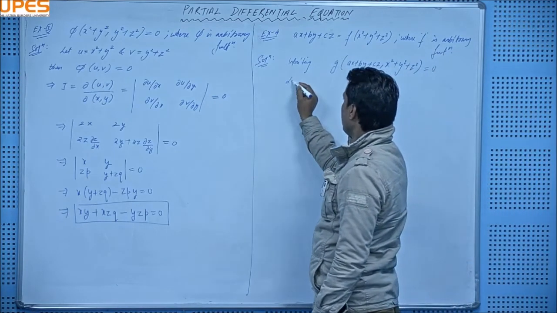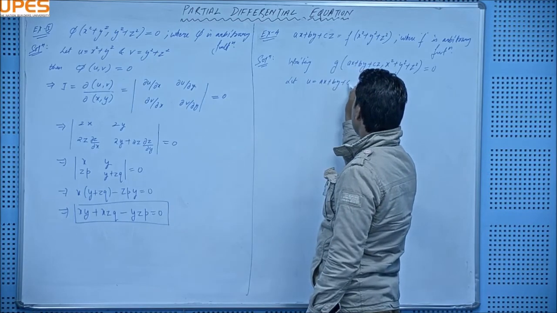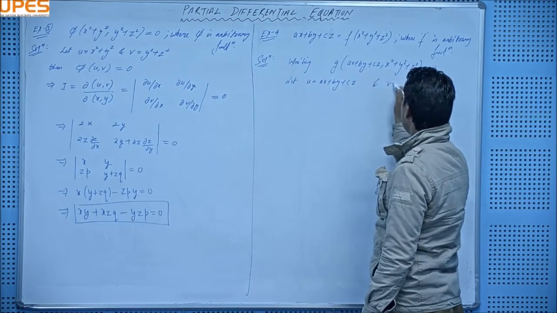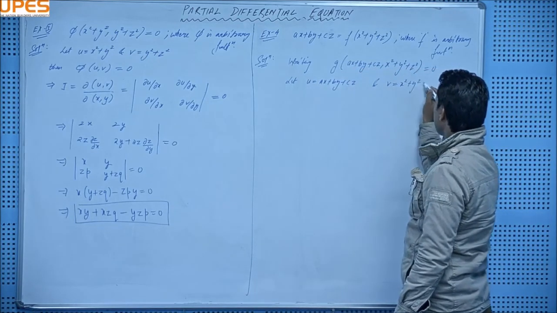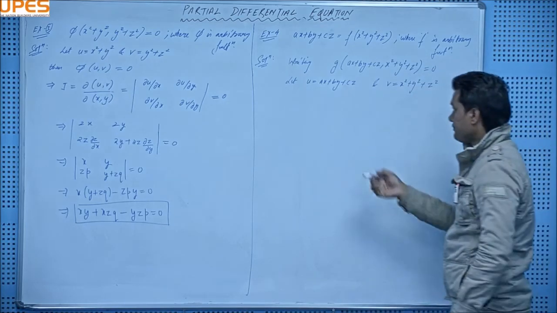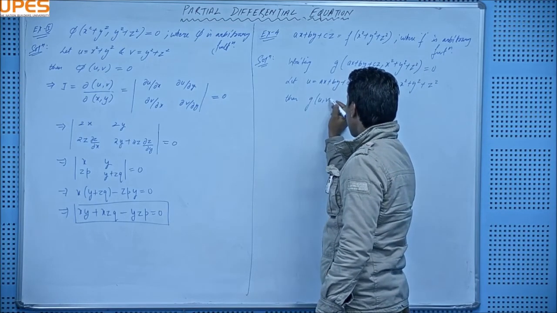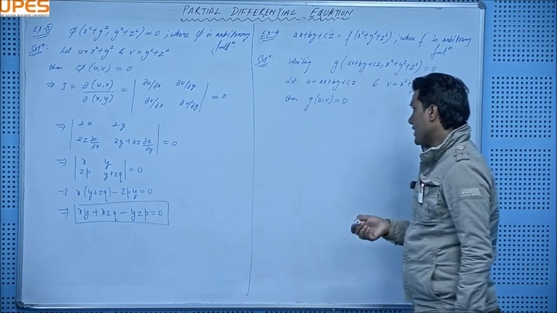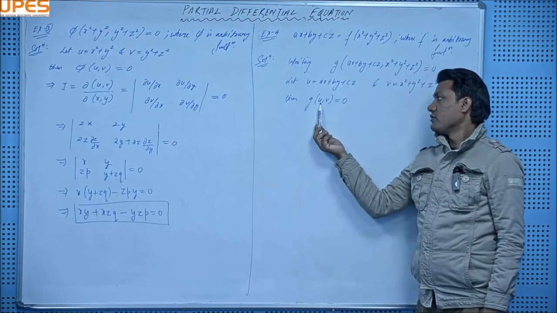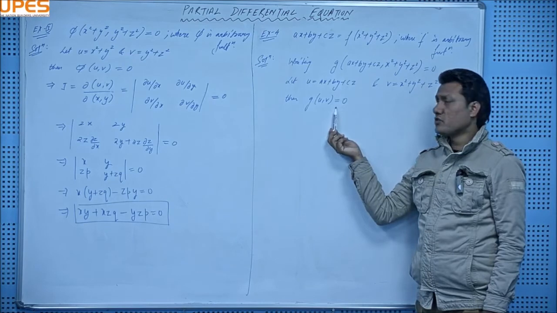Now let u be equal to ax plus by plus cz, and v be equal to x square plus y square plus z square. Then it becomes g of u comma v equal to 0, which says that there is some relationship between u and v, because there is an equation satisfying u and v.